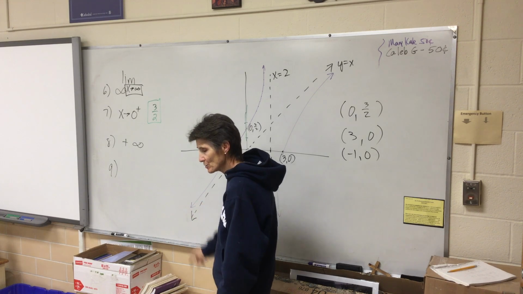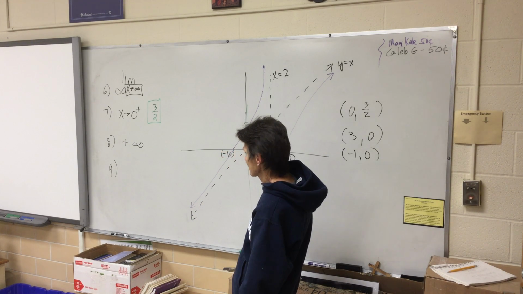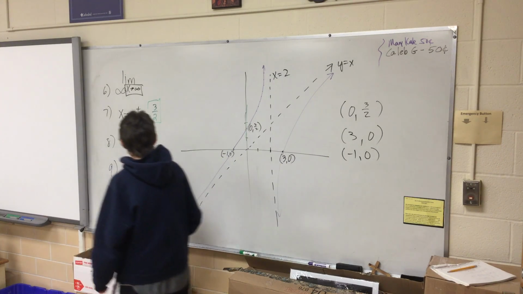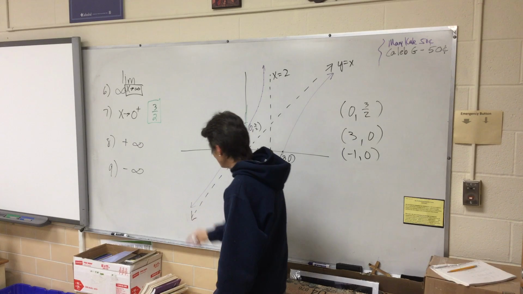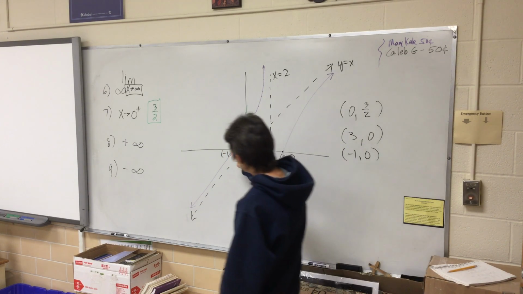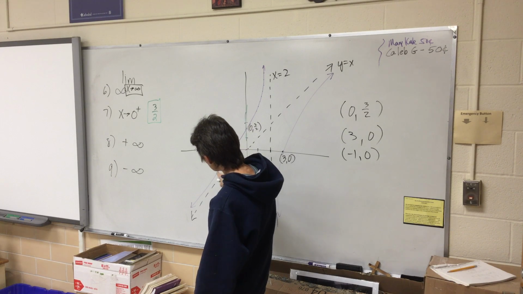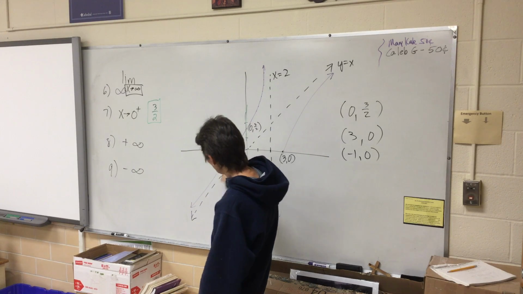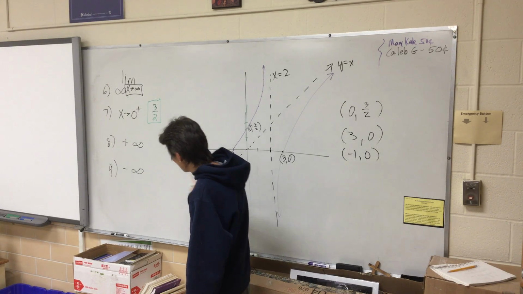What are the y values doing? Negative infinity? Yep, they're going down. Every single one of these is going down farther and farther and farther. My finger right now is going left and down. The problem told me to go left. The answer is I'm going down.